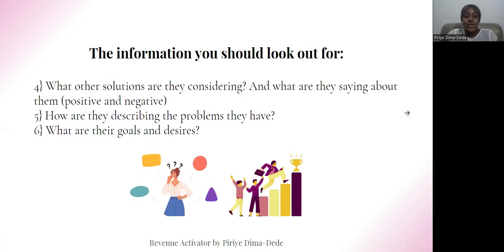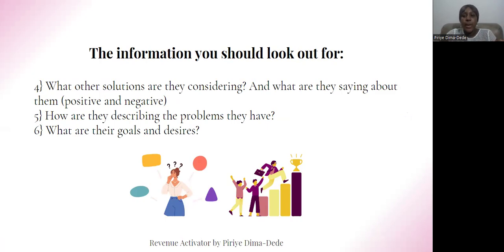The next information you want to get is what other solutions are they considering and what are they saying about them, positive and negative? Because the chances are high that you're not going to run a monopoly. You're not going to be the only vendor or the only business serving that market. So who else is serving that market? And what are the products or services that they are offering?